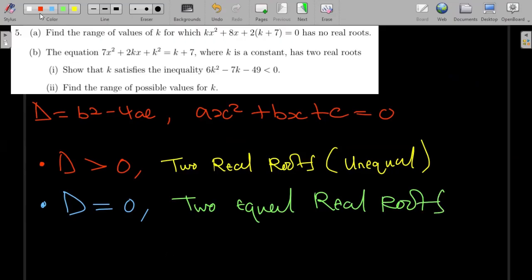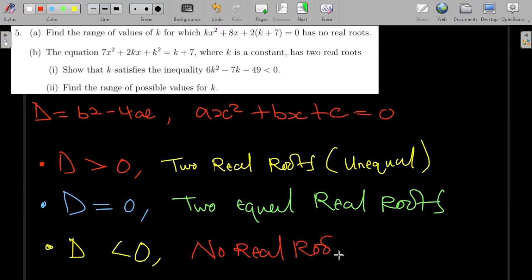And then the other situation is when the discriminant is less than 0. When the discriminant is less than 0, we say this quadratic equation has no real roots, or we say it has complex roots.